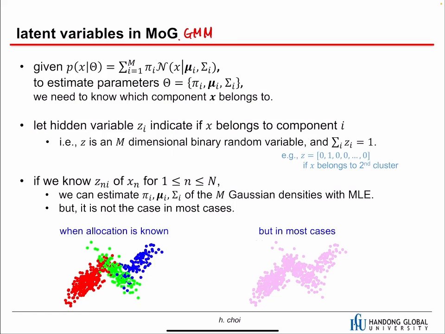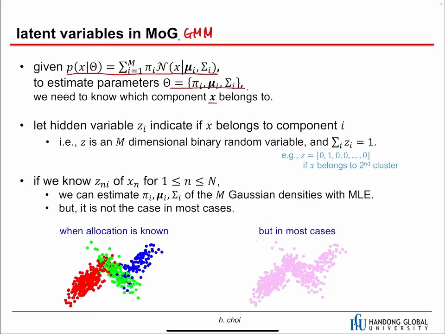And in MOG, we have latent variables. We're going to talk about what the latent variable is, and this latent variable is important in expectation maximization.